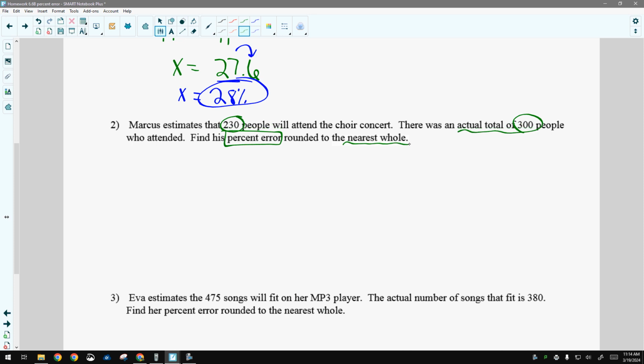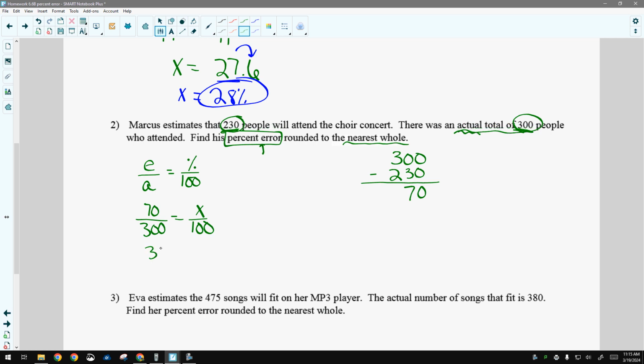Anyway, so percent error, there's our E. So we're going to do error over actual equals percent over 100. To find the error, how wrong Marcus was, I'm going to take those two numbers, put the larger number on top, and subtract them. That's going to give me 70. That goes in the numerator in place of the E, and I go back to my problem to find the actual total of 300 equals x over 100. Cross multiply, 300x equals 7,000.